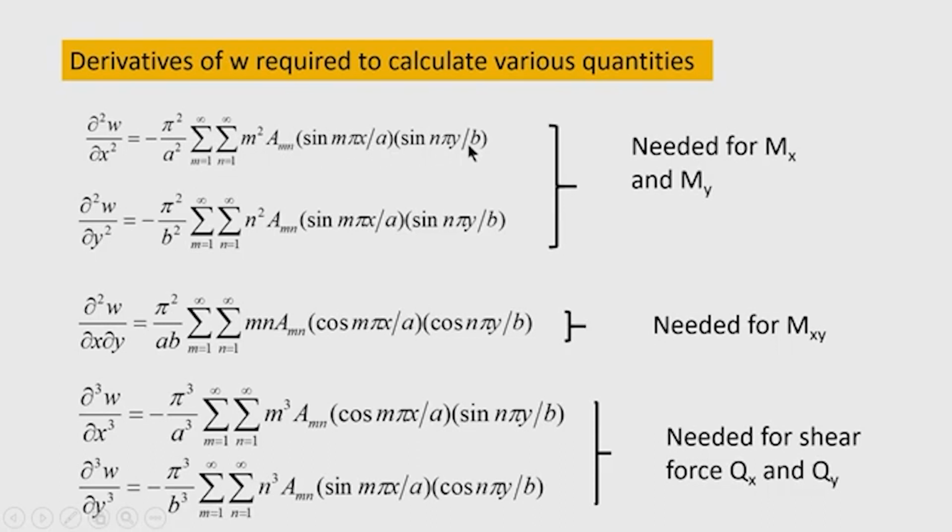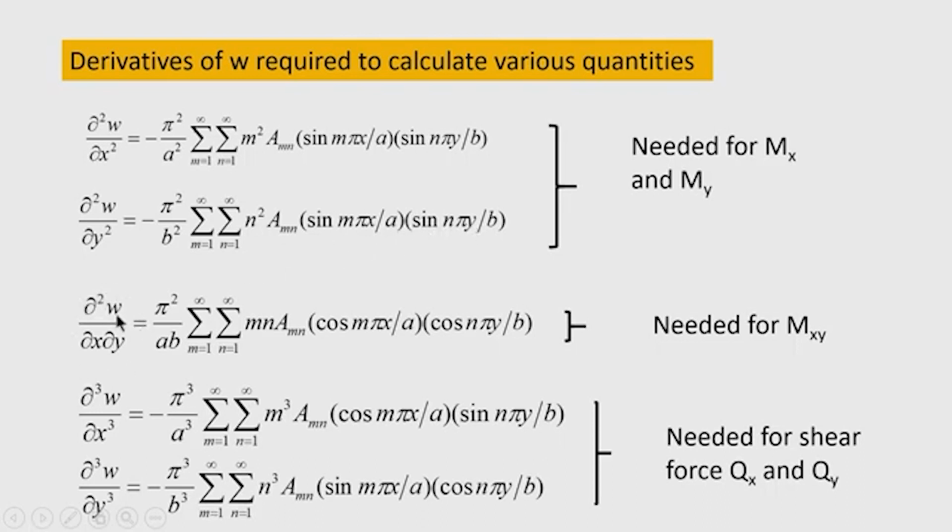It is needed for the calculation of M_x and M_y, in both bending moment expressions these derivatives are needed. Similarly, del square w by del y square is given by minus pi square by b square double summation, m equal to 1 to infinity, n equal to 1 to infinity, n square a_mn sin m pi x by a sin n pi y by b.